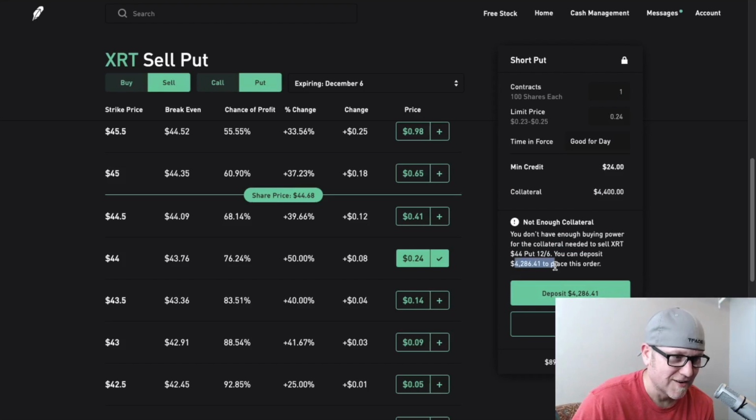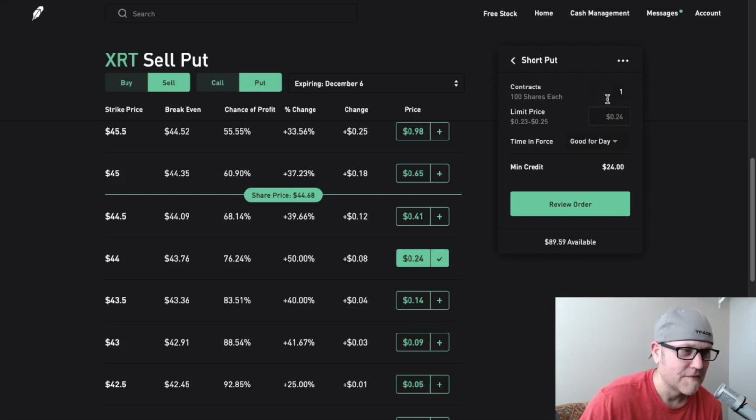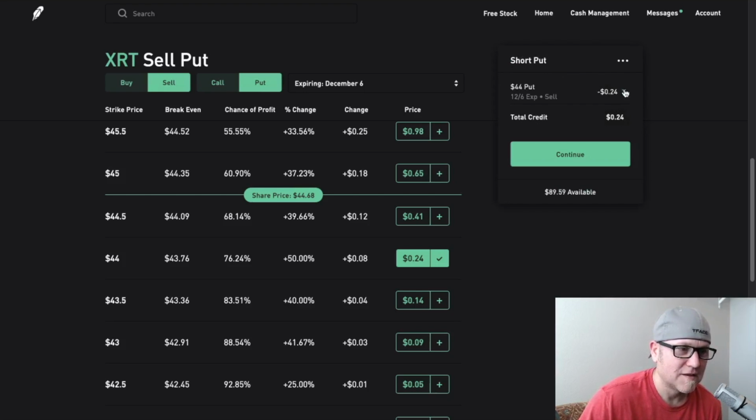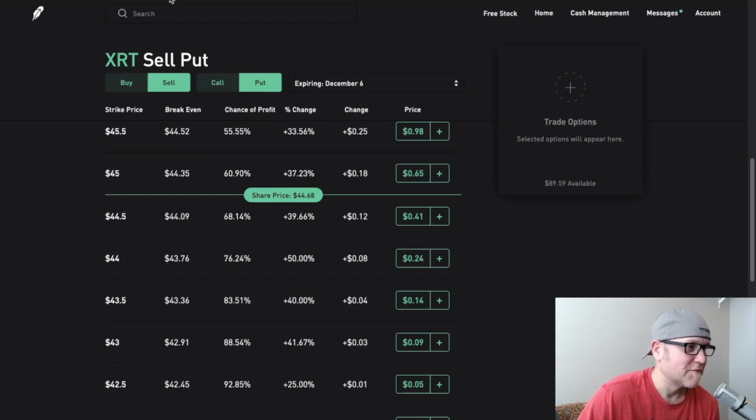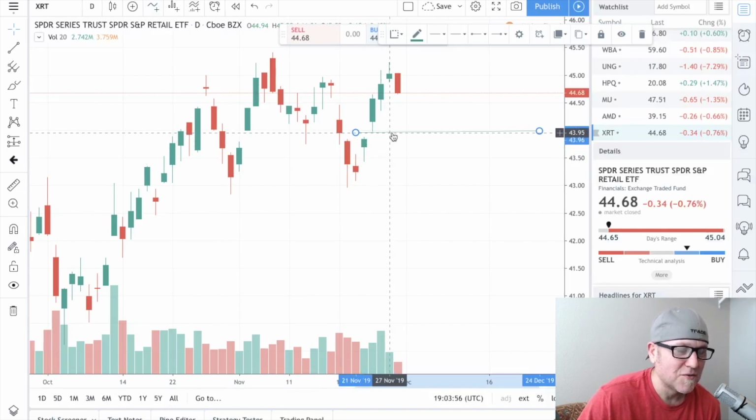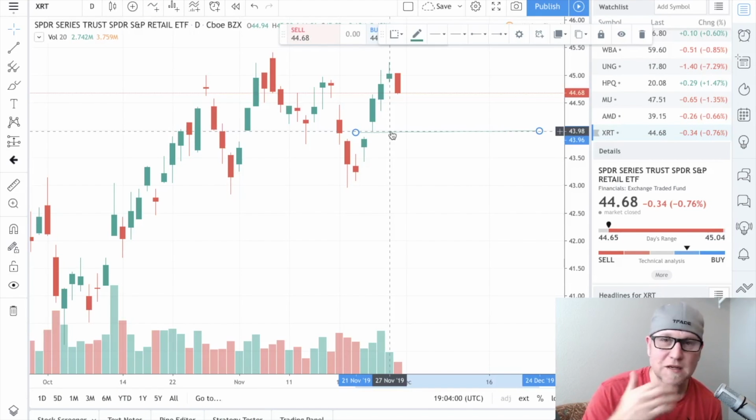You'll see right there, that's how much collateral I need to place that sell order. $4,200, almost $4,300 to make $24. Risking $4,300 to make $24. So obviously, we're going to cancel that and get out of that and take that off of there. So we'll get back to here. We don't think it's going to go below 44, but we're not really willing to risk $4,300 to do that.